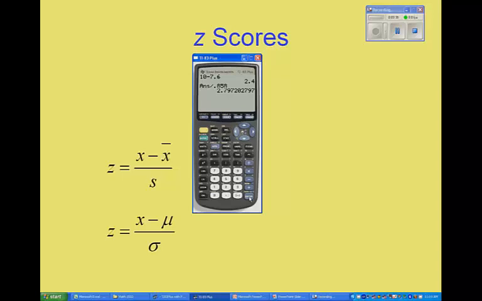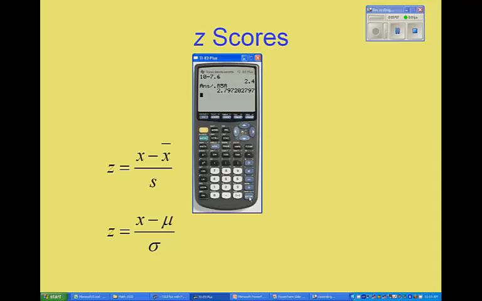So if you have 10, that's 2.79 standard deviations away. That's what your z-score is. So a z-score is the number of standard deviations away from the mean. So what do you think? Is 10 an unlikely thing to have happen? According to this, yeah. Okay, so that's pretty easy.